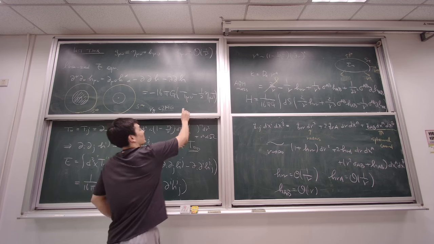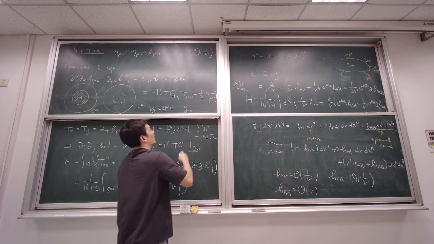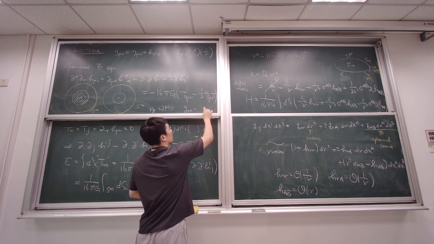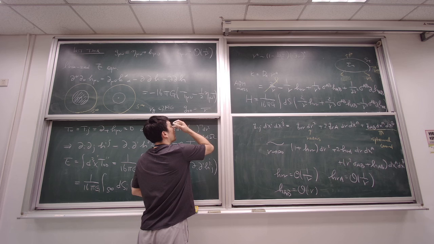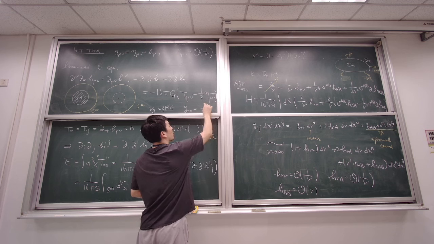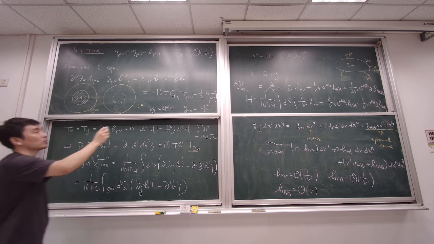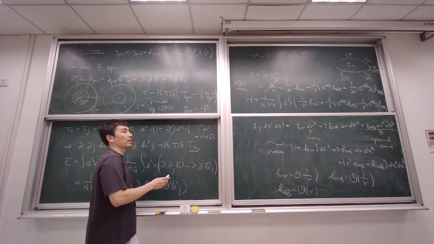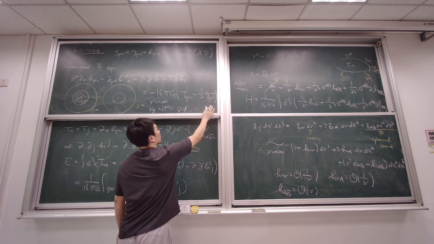So G00. If you just look at the Einstein equation, G00 should behave like the gravitational potential, which is M over R. As R goes to infinity, the Einstein equation becomes like this.